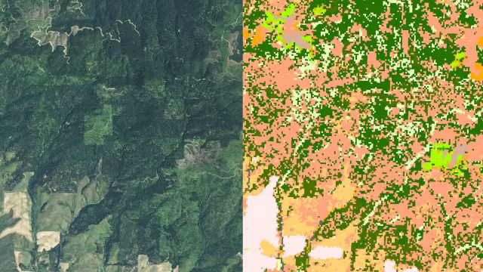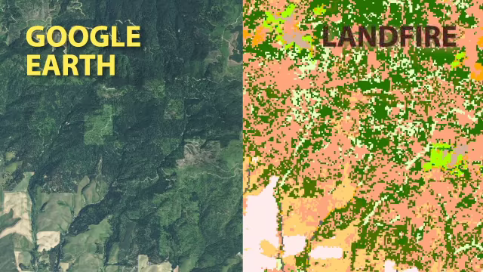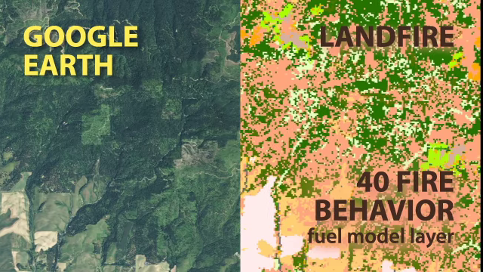Here is an example of a real landscape from Google Earth, compared to the same landscape with a 40 fire behavior fuel model layer. Notice how some detail is lost when using a model. However, the advantages are worth it. In this case, they remove the need for time-consuming data collection and brain-numbing math calculations, providing the user with a fire behavior fuel model to assist in predicting surface fire behavior.